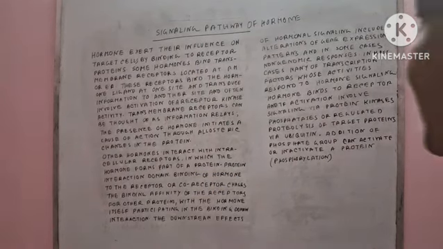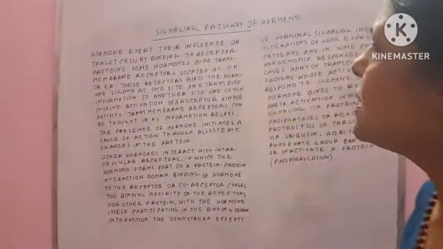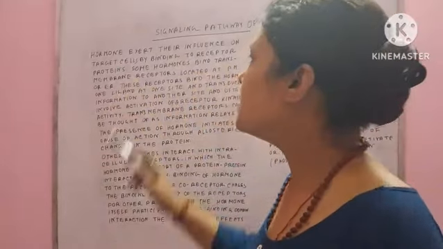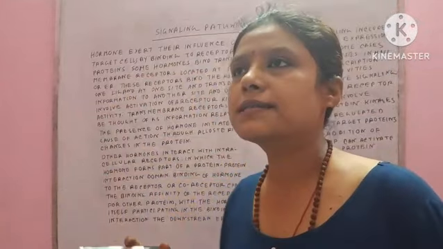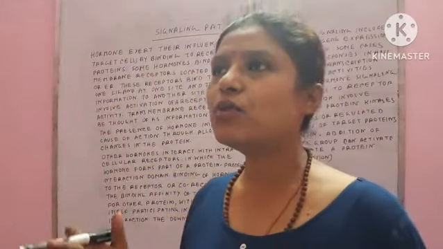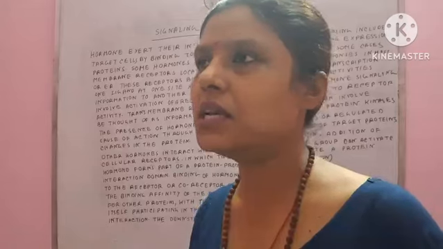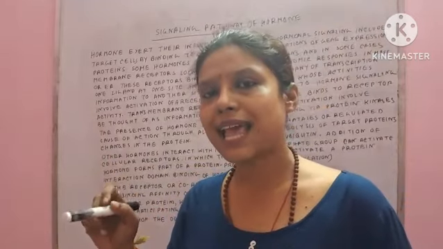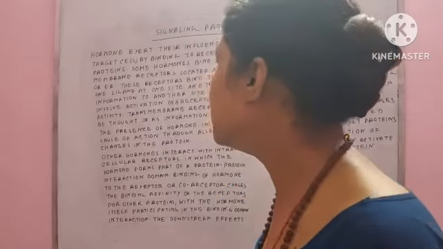Hormones exert their influence on target cells by binding to receptor proteins. Generally, a hormone sometimes regulates the target cell's activity directly, or sometimes it regulates the target cell's activity by binding with receptors.